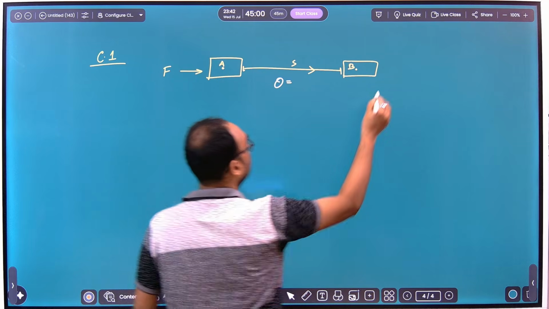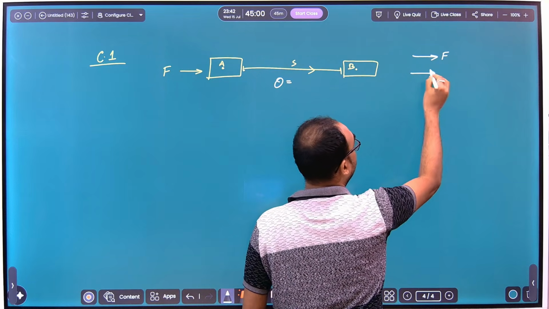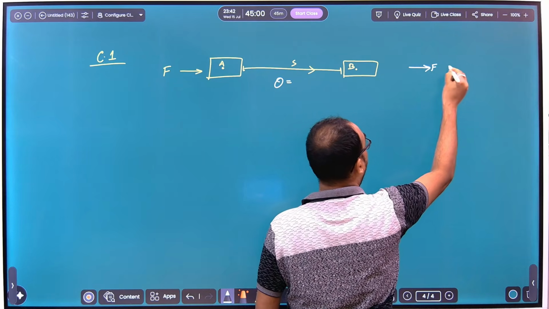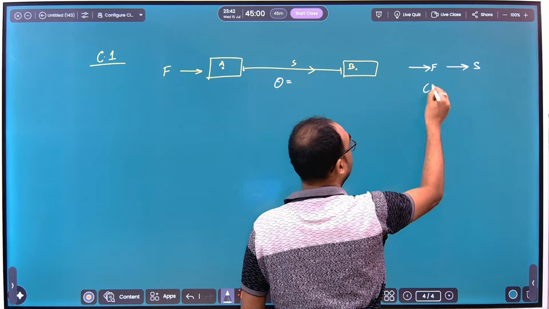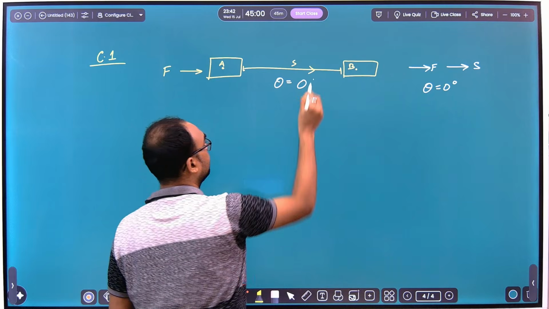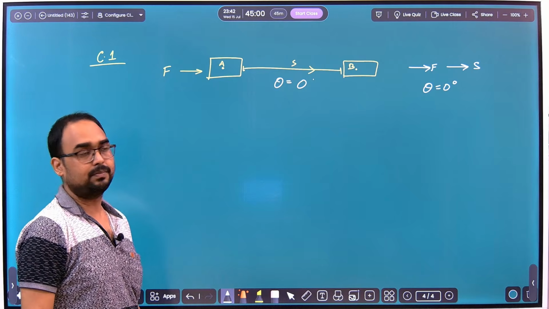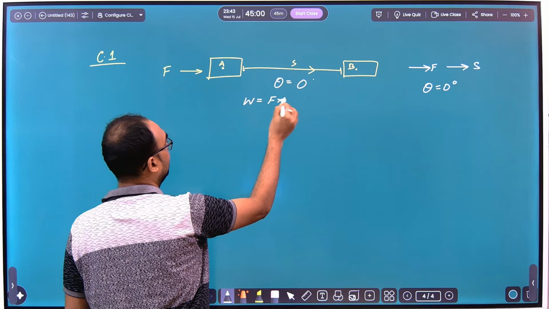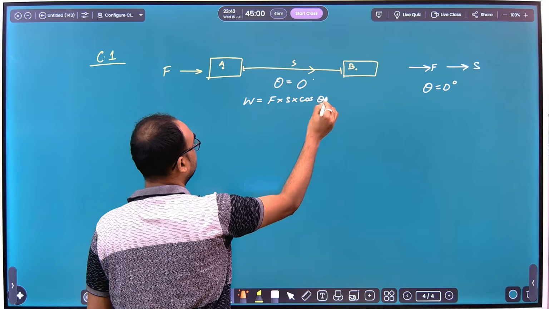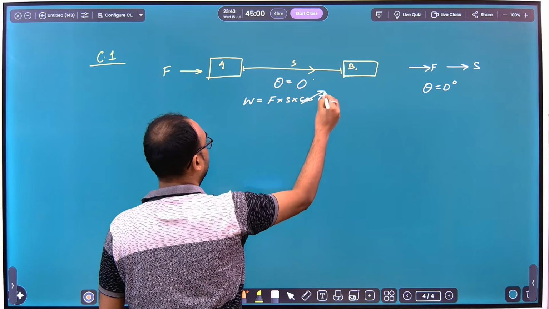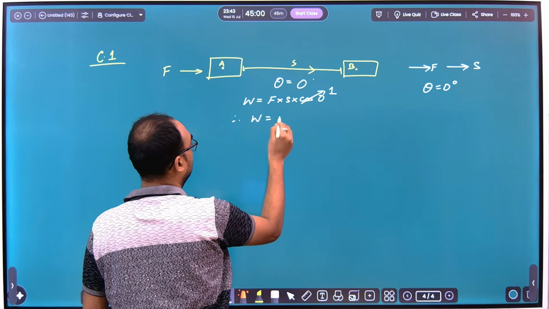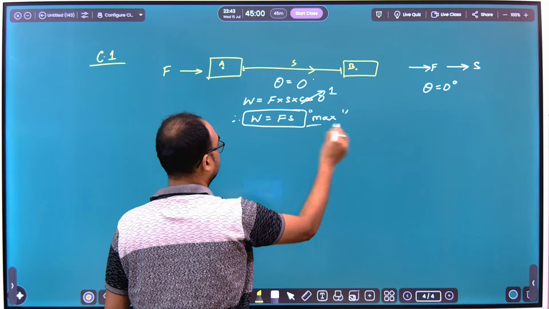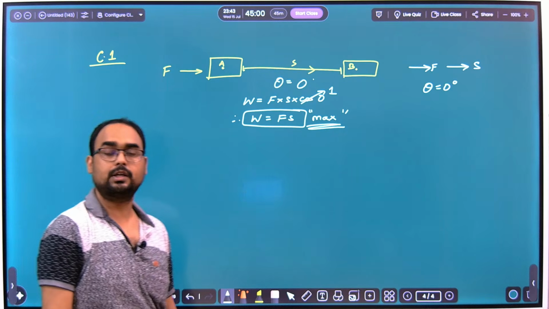When force and displacement are in the same direction like this, theta is 0 degree. So using this concept, your work done will be equal to F into S into cos 0. And cos 0 is 1. Therefore, work done equals Fs. In these cases, we say that maximum work is done.